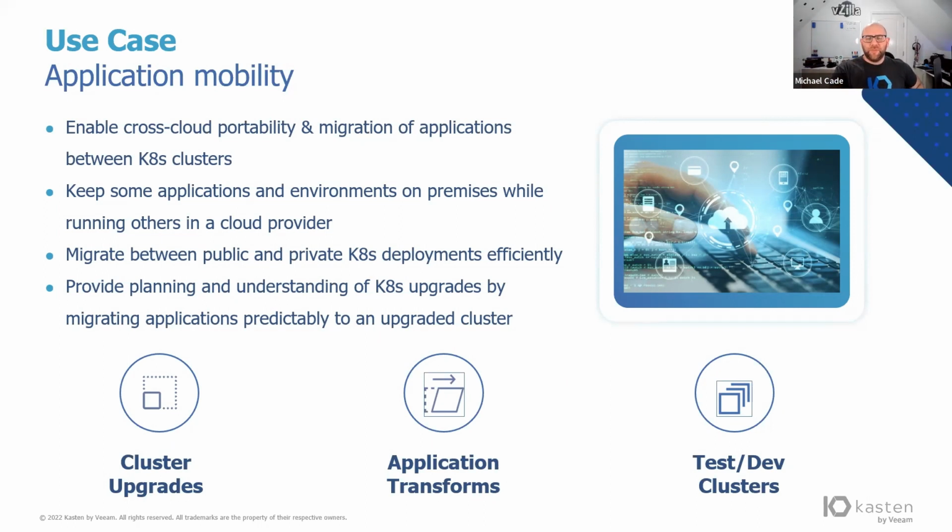What this gives you the ability to do is quite easily move that workload from one managed cluster or Kubernetes cluster to another, without really complicating or changing too much other than the underpinning configuration.